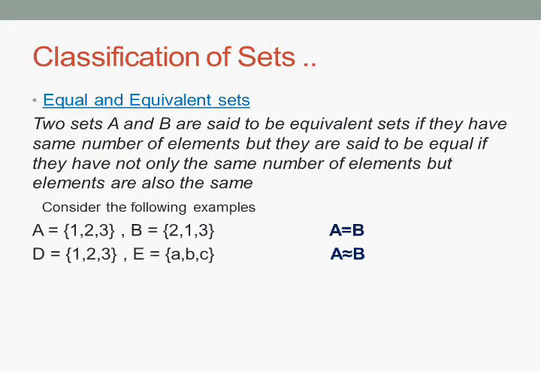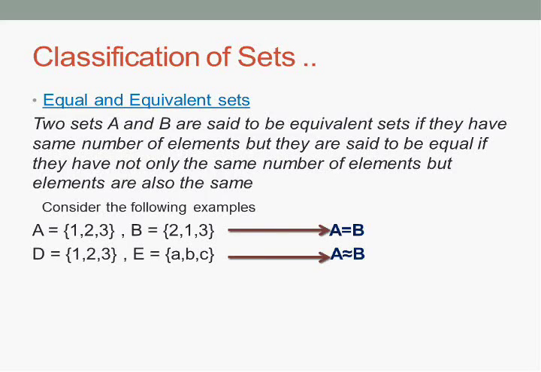Consider the following examples. A equals the set {1, 2, 3} and B equals the set {2, 1, 3}. D equals the set {1, 2, 3} and E equals the set {a, b, c}. In example 1, sets A and B have the same elements.